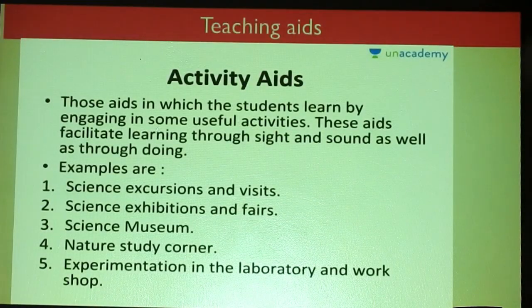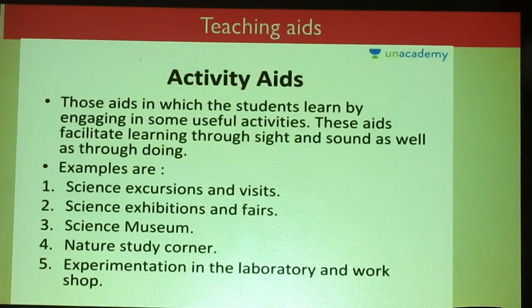Then, of course, we have what we call activity aids, those aids in which the students learn by engaging in some useful activities. These aids facilitate learning through sight and sound as well as through doing. Examples: science excursions and visits, science exhibitions and fairs, science museums, nature study corner, experiments in the laboratory and workshop.